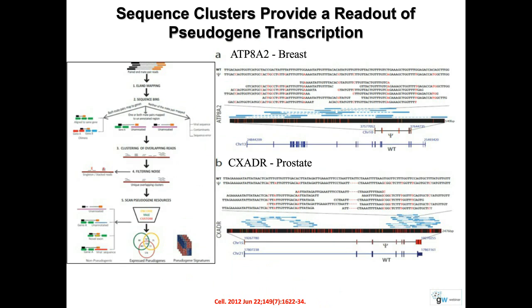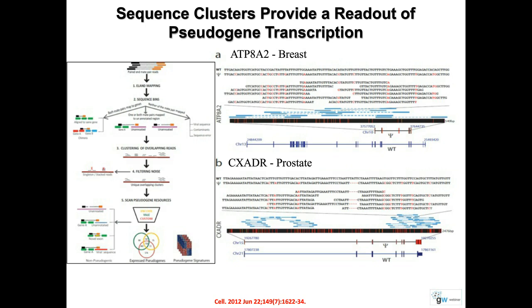Using this pipeline, I'm showing an example of ATP8A2. This is a pseudogene that is commonly expressed in breast cancer. In the top line is the wild-type ATP8A2 gene, and the pseudogene sequence is listed below. As you can see, all the sequence in red are the mutations acquired in the pseudogene, and the sequence is highly homologous with the wild-type gene.